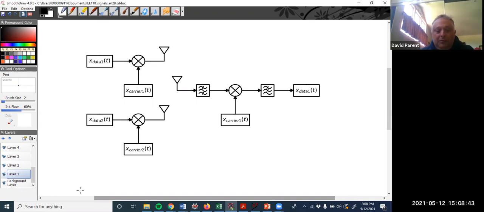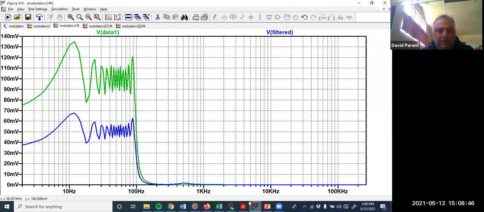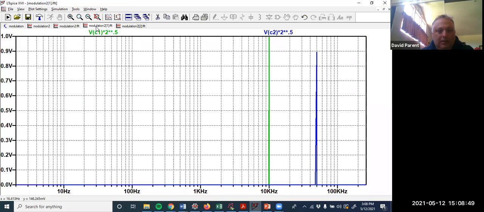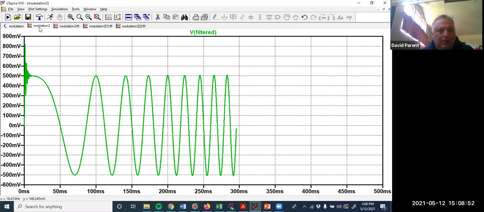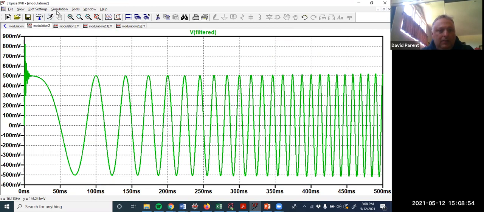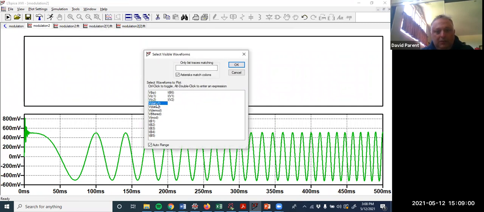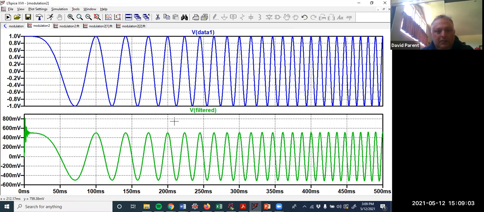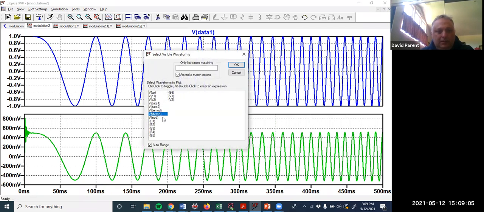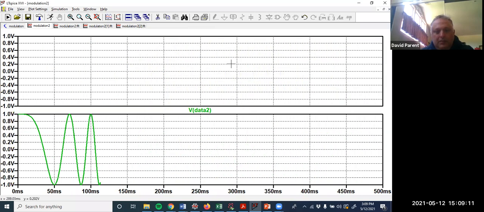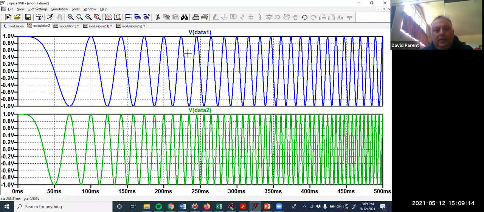And in that LT Spice, I'll show you what those are. It's essentially a chirp signal, except this is at a faster frequency. So that's the data we want to modulate.